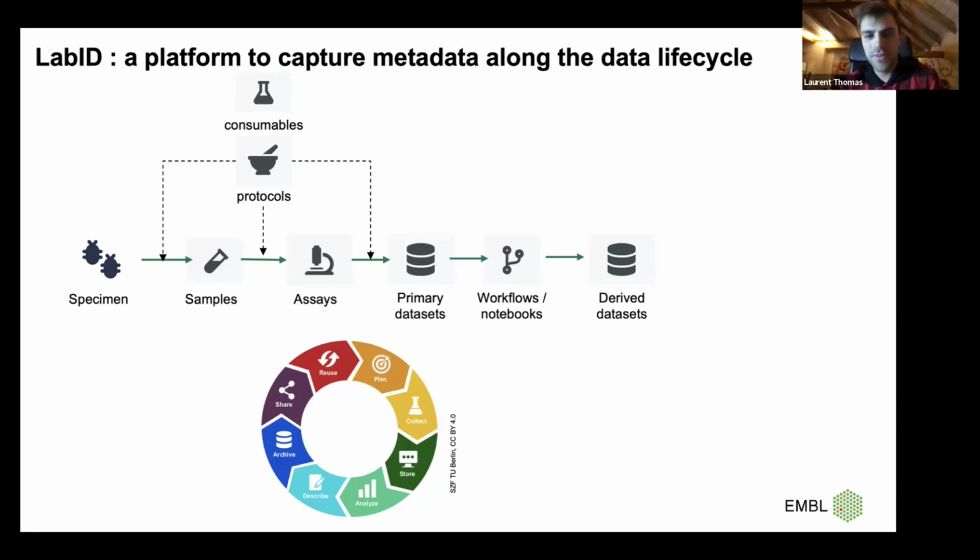As output of this assay would be some raw data or primary data, and eventually later on this primary data would be processed by some workflow. So this is the data flow we have in biology. As part of the assay, there will also be some consumables and protocols involved. And basically, these are all entities that we reflect in our system. That's how we modeled the problem here.